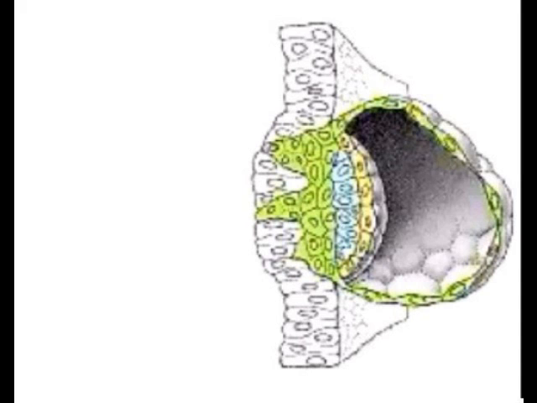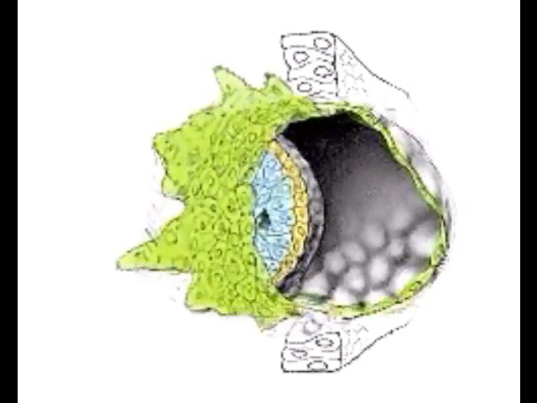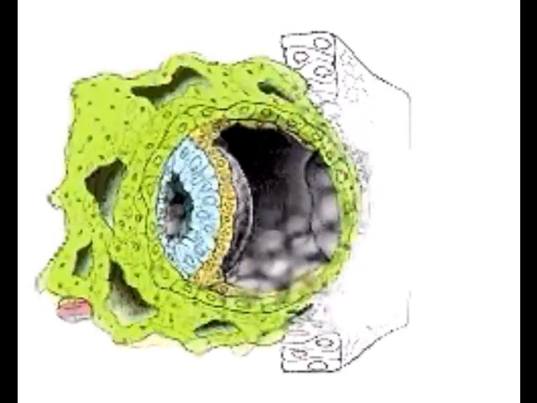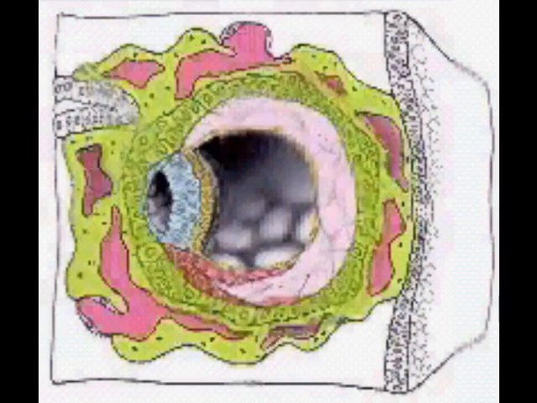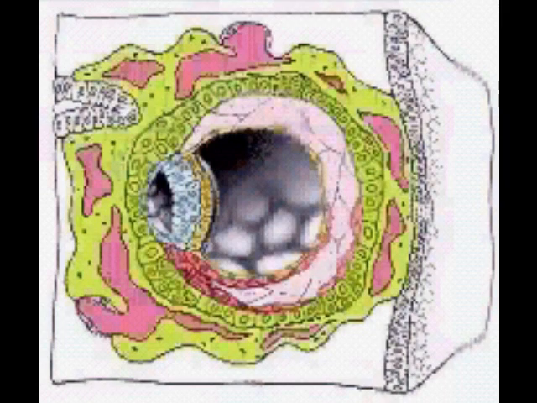Here, the trophoblastic cells or the outer cells make a syncytium which will penetrate. Now there will be differentiation first of the trophoblastic cells. The trophoblast will make a new layer called extraembryonic mesoderm.